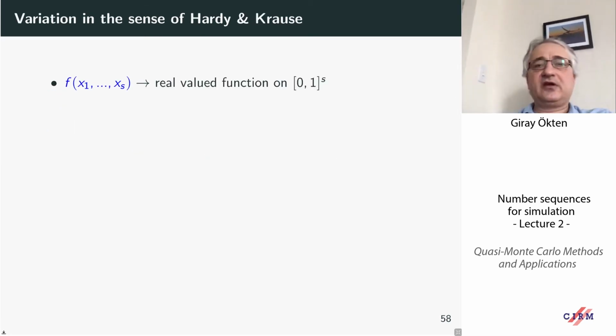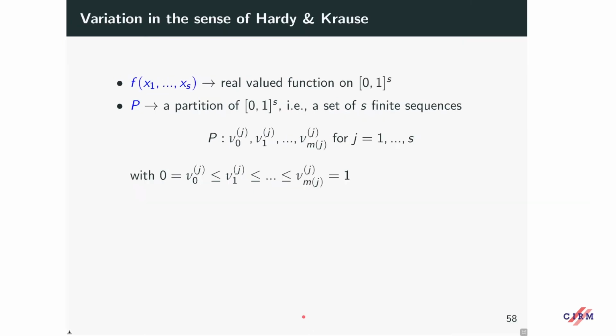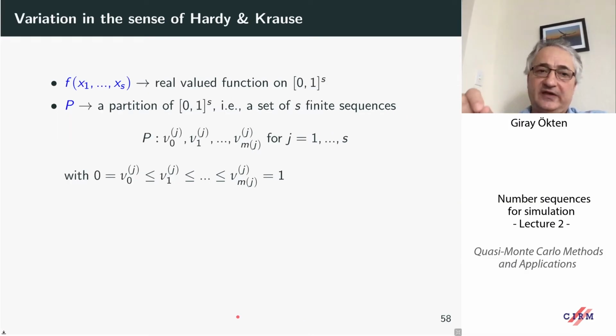I want to quickly talk about the variation in the sense of Hardy-Krauss, and really quickly. Variation in one dimension: if you have a one-dimensional function, to find its variation on the interval 0 to 1, you would partition the interval 0 to 1. Then you would look at how much your function increases or decreases as you go from one end of the interval to the next.